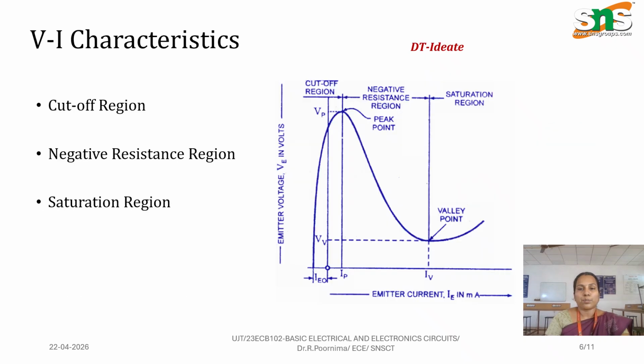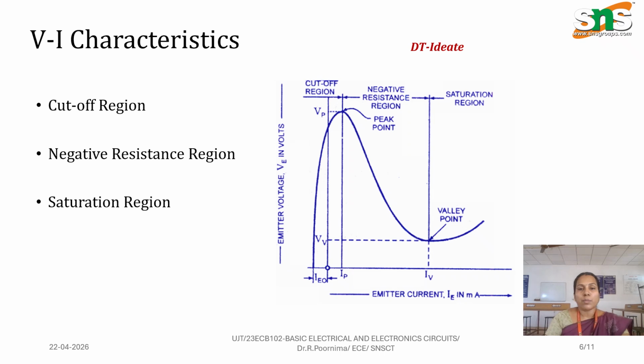So let's see the VI characteristics of UJT. It consists of three regions: cutoff region, negative resistance region, and saturation region. When the voltage is increased from the minimum value to the peak point value, initially it is in the cutoff region, so the device will be off. After reaching the peak voltage, the UJT turns on.